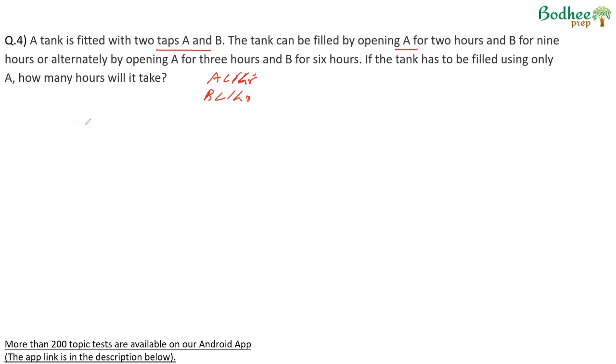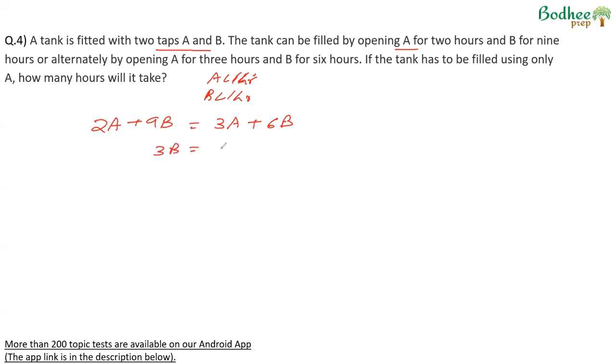So we can say the capacity of the tank will be 2 into A, because in 2 hours A will fill 2A liters, and 9 into B. Also, it can be filled by opening A for 3 hours, 3A, and B for 6 hours. So the capacity of the tank can be written as 2A plus 9B, because this is the water that A fills in 2 hours, this is the water that B fills in 9 hours, or 3A plus 6B. We are talking of the same tank, so the capacity has to be same.